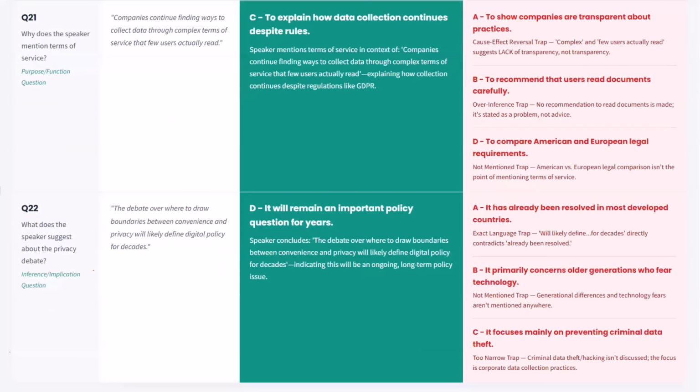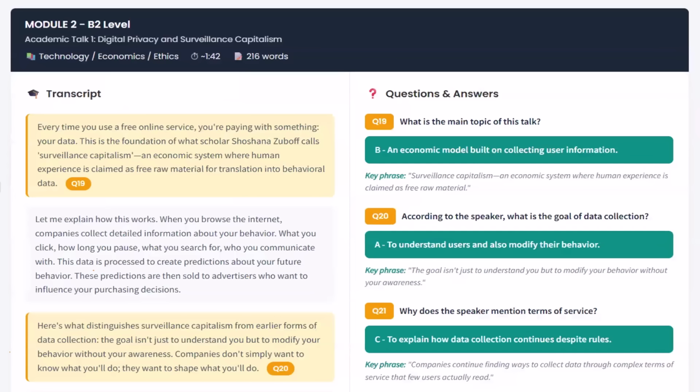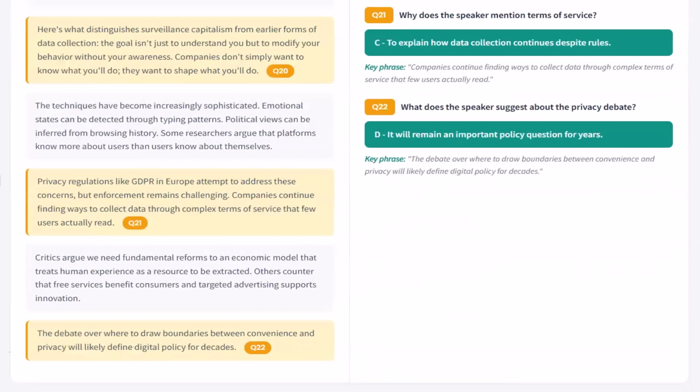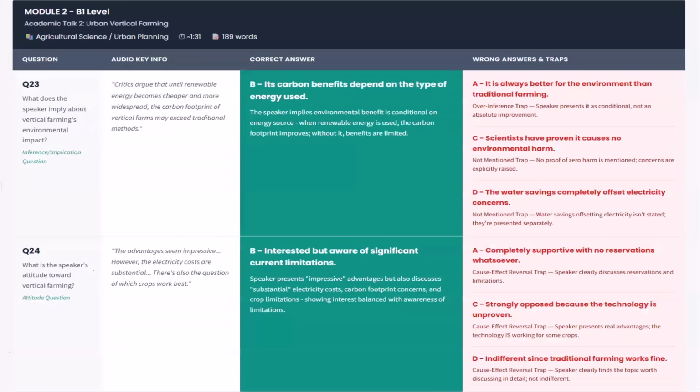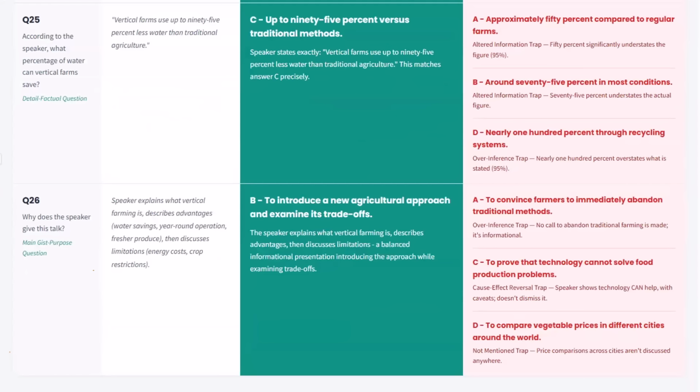There's 21 C, 22 is D. And 23 is B, 24 is B. And 25 is C, and 26 is B.